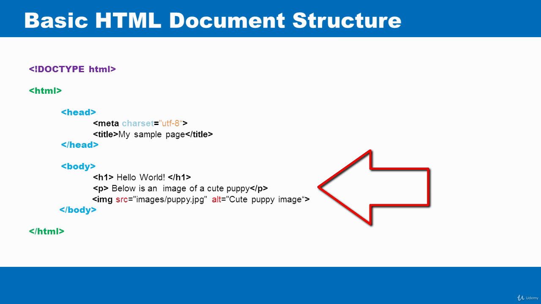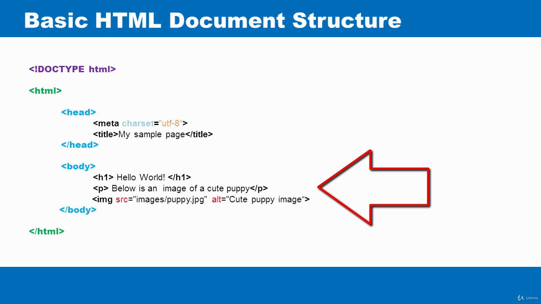It contains all the content that you want to show to the web visitor, whether that is text, images, videos, games, playable audio tracks, or whatever content you have, placed between the body element for the visitor to see it.